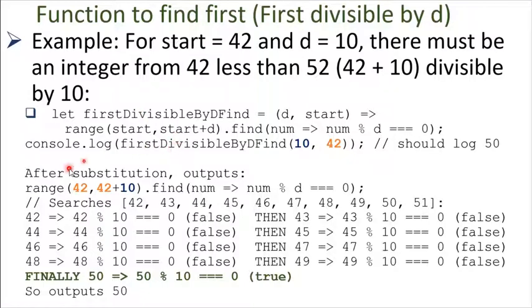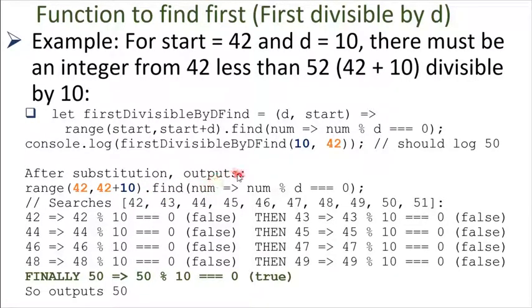The way it works is it takes the first number in this array and plugs it in for num. That's the input that is used first. So 42 is plugged in for num, and it checks: is 42 divisible by 10? Is the remainder when you divide 42 by 10 equal to 0? That comes up false. So it then goes to the next number in the array, which is 43, and plugs that in.